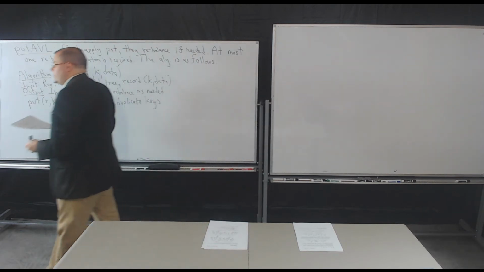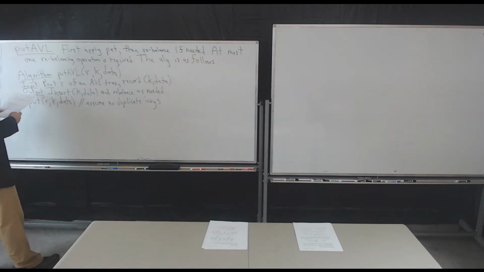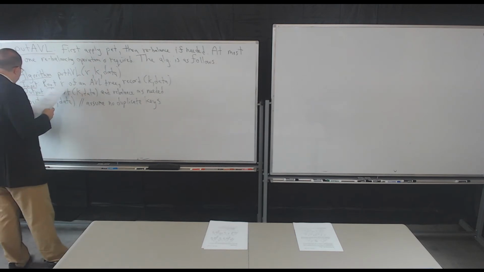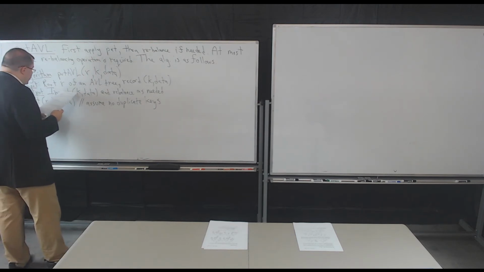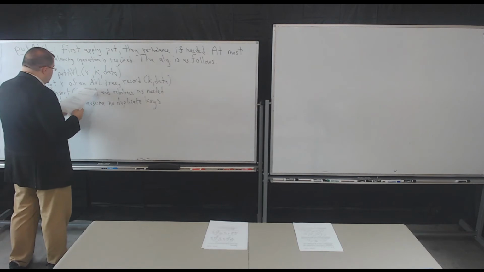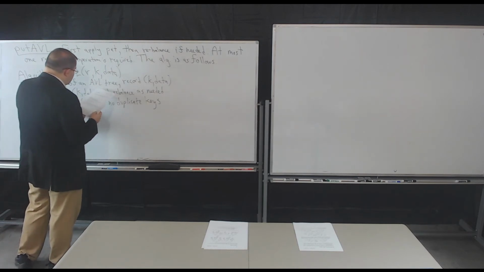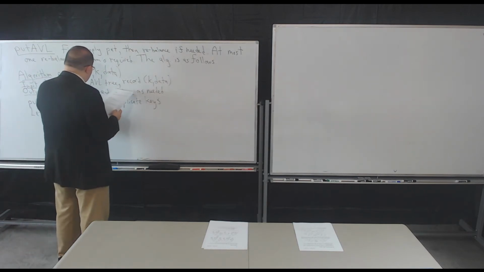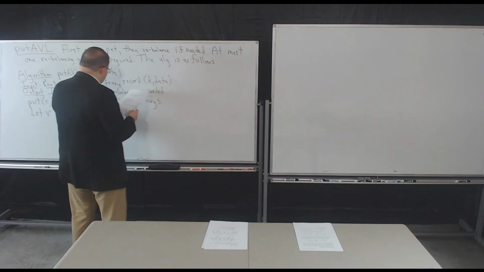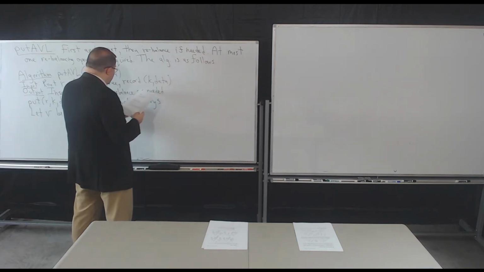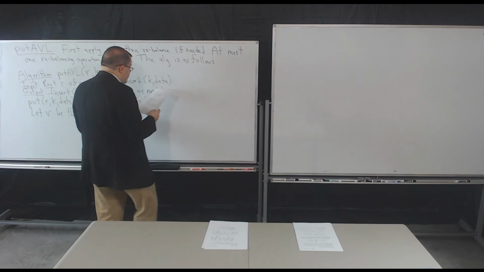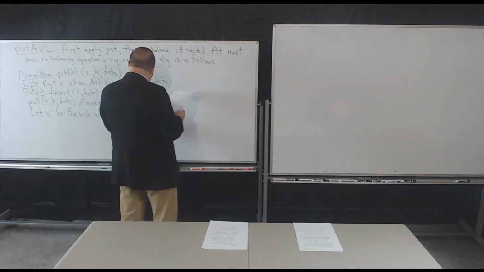You can make a small trivial modification to this if you want to care about that. So now what I'm going to do is let V be the node where K, data was inserted.